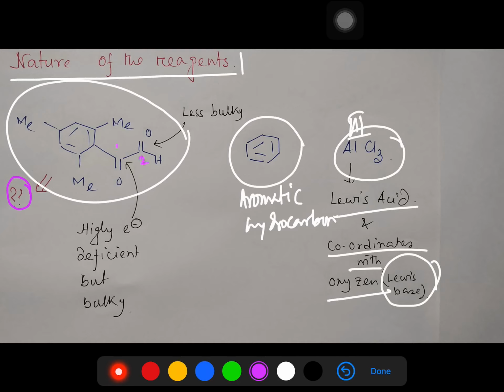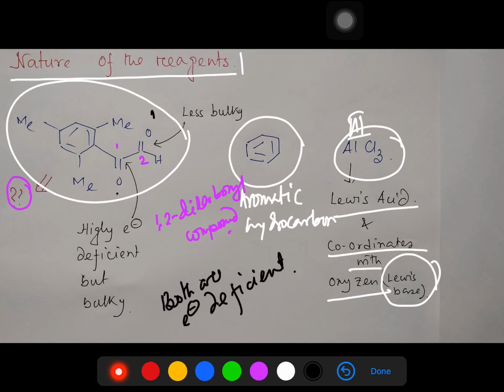Now let's look at this molecule. This is a 1,2-dicarbonyl compound, and we know that in a 1,2-dicarbonyl compound both carbonyl groups are highly electron deficient, meaning electrophilic. Now the question is, where will the reaction occur? From a bulkiness point of view, a ketone is generally more bulky and an aldehyde is less bulky.